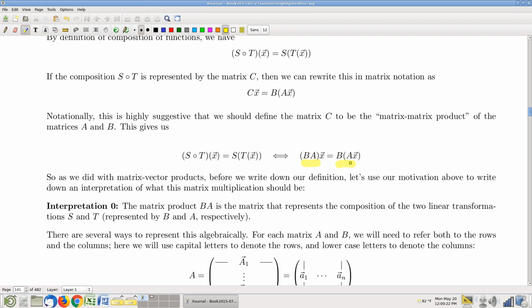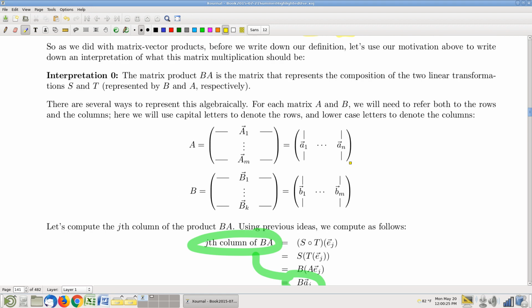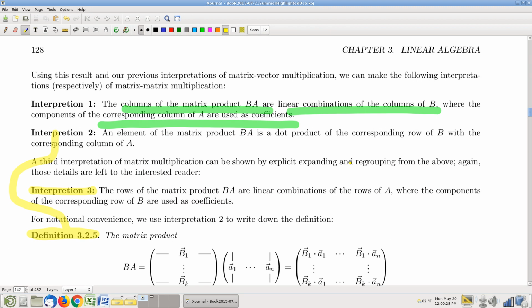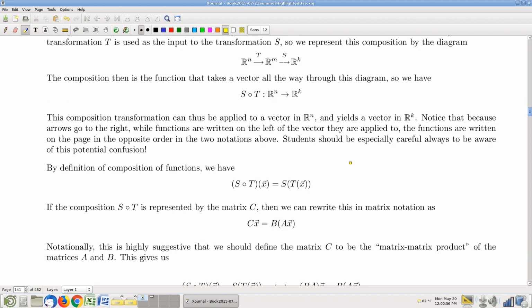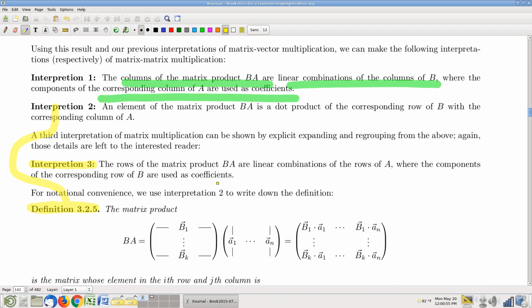Said differently, the reason we use this formula for matrix multiplication, and I'm going to give you different versions of this momentarily, is that it's the only reasonable way to define a multiplication that naturally connects back to linear transformations. If you want matrices to be interpreted as linear transformations, as we do, then this being how you compose linear transformations means that this is how you have to multiply matrices.